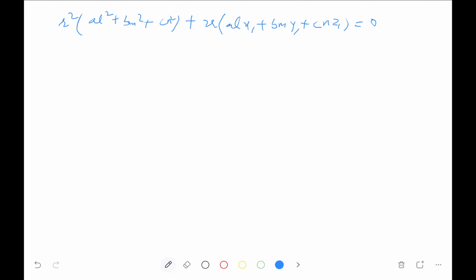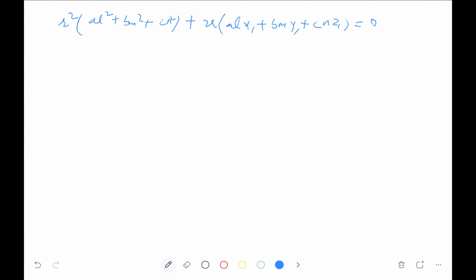We want to find the condition that this plane may touch this conicoid. So let us suppose that x1, y1, z1 is the point of contact at which the plane touches the given conicoid.